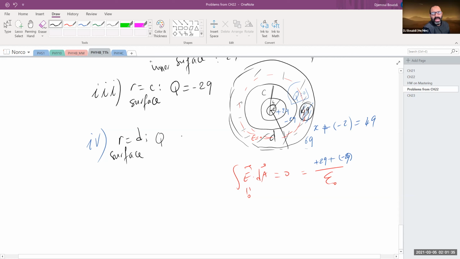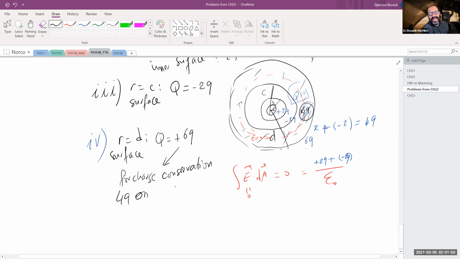So the charge in there must be equal to positive 6q for charge conservation, because we know we have a total of 4q on the entire outer shell.